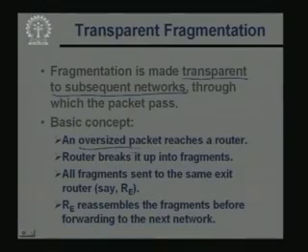So, the basic concept, as I have mentioned, say a large packet reaches a router on its way to entering a network. Now, if the MTU is small enough, the router will break the packet into fragments, and when the router breaks it into fragments, it also identifies something called an exit router. The particular network can have several routers through which the packet can exit, but in this scheme all the fragments must exit through the same exit router, say RE.